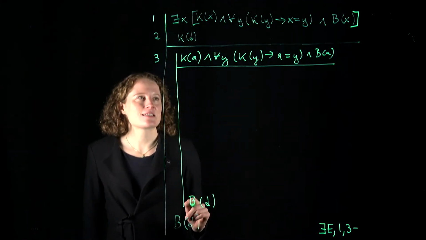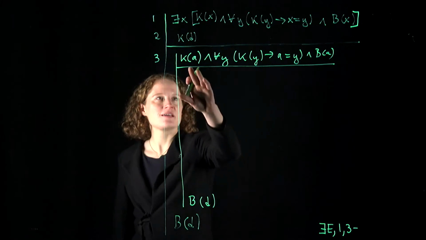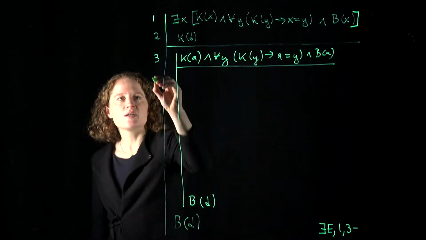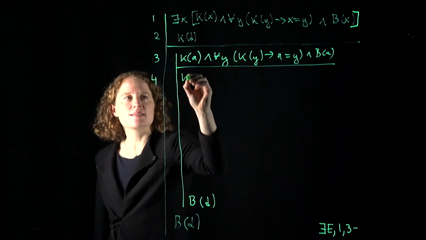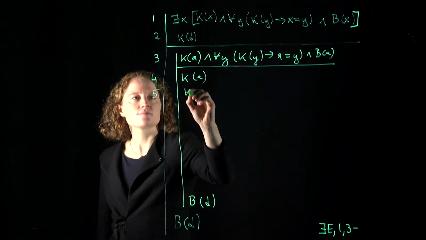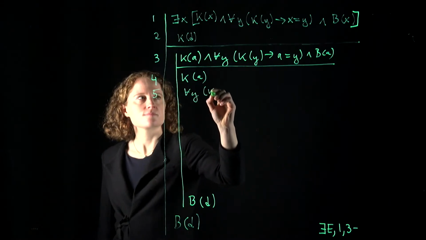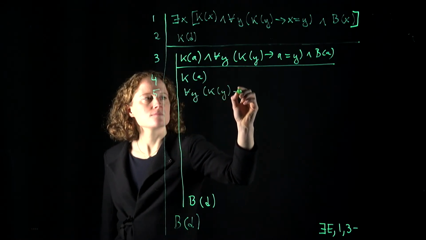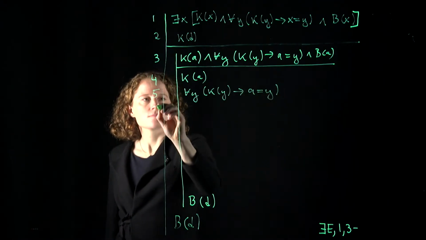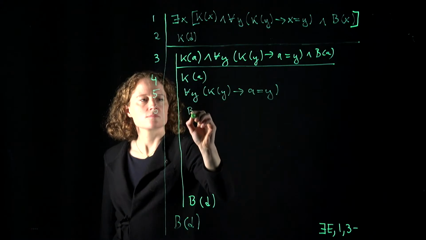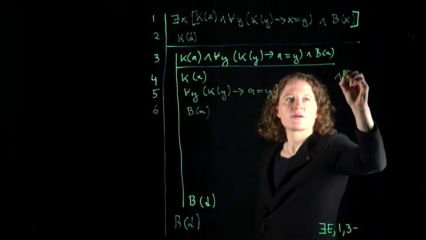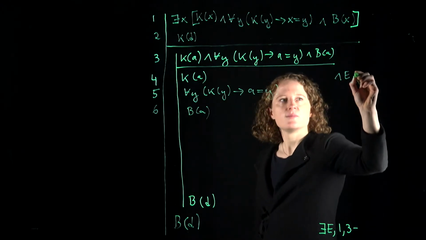Now in the next step, I'm going to observe that here we have a long conjunction with 3 conjuncts. So I'll just make my life easier and simply separate these 3 conjuncts. So each of these steps is justified by conjunction elimination applied to line 3.